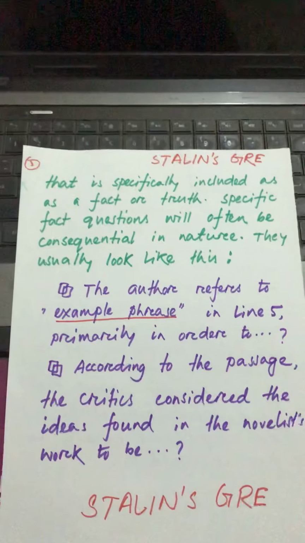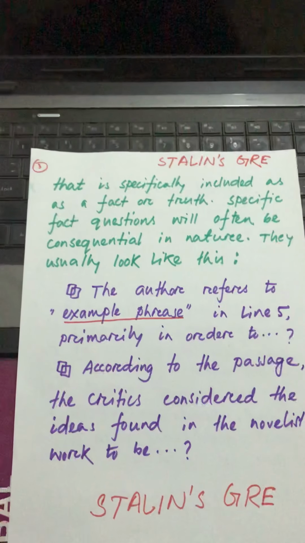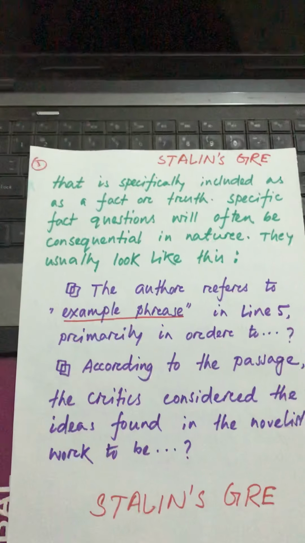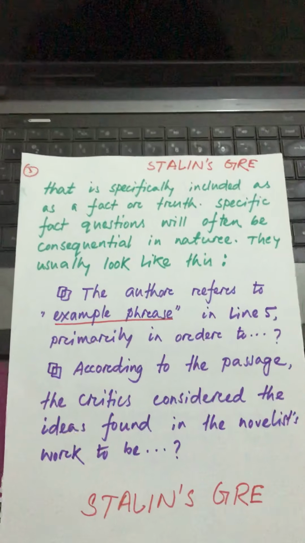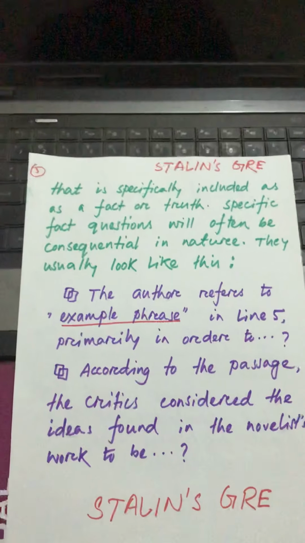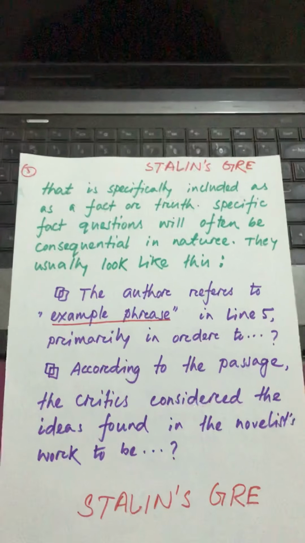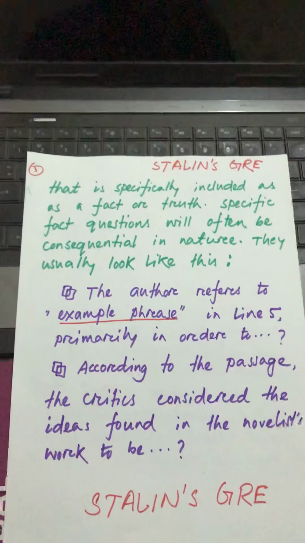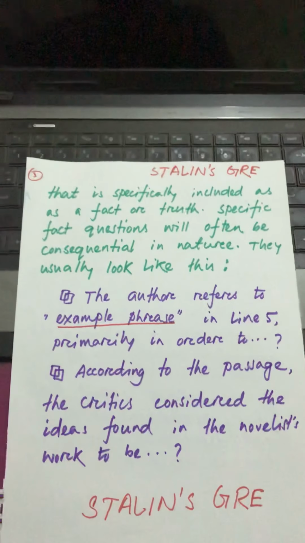So you have to find out the primary purpose of the example phrase: the author refers to the example phrase in line 5 in order to... The second type of question may be like this: according to the passage, the critics considered the ideas found in the novelist's work to be... So we have to find out the specific fact which is related to the phrase or the sentence. Clear? Okay.